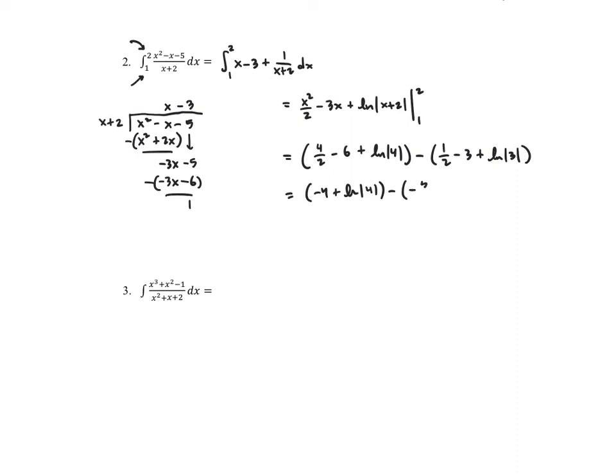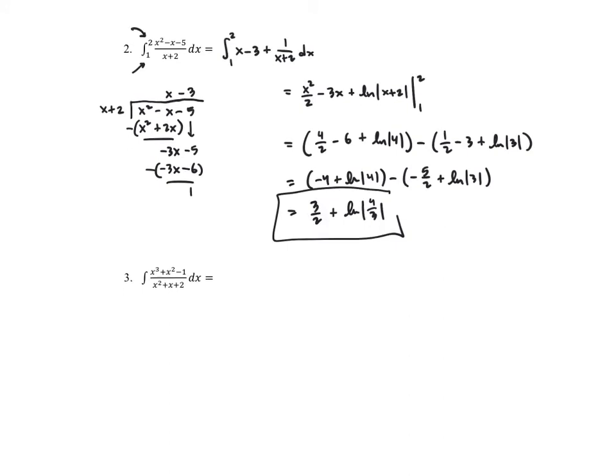Negative 5 halves plus ln of 3, which would be, what would that be, 8 halves, so positive 3 halves. Now, ln of 4 minus ln of 3 is equivalent to ln of 4/3. And that would be our answer, guys. There you have it. Okay, a little long division in the third one.